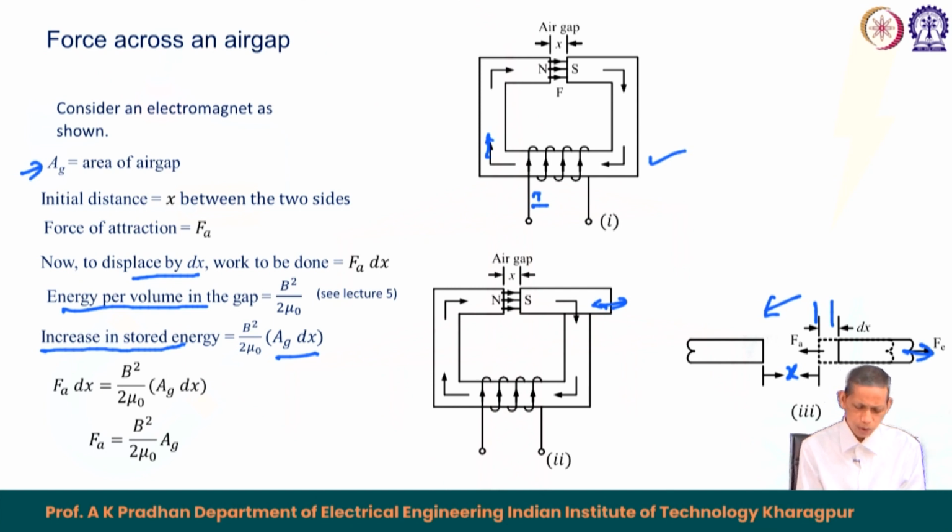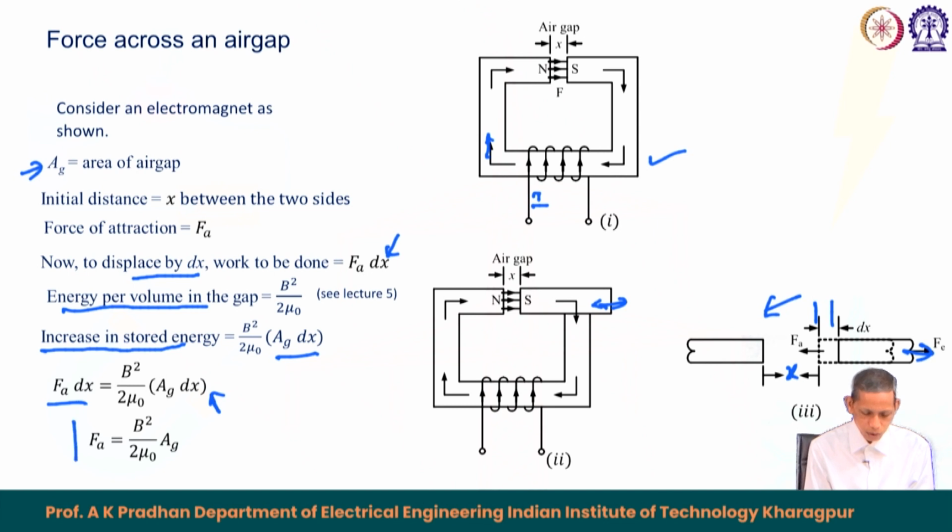That leads to equating the work done for displacement dx. So, F into dx equals the energy increment in the magnetic field in the air gap, which is B square upon 2 mu naught into A g into dx.